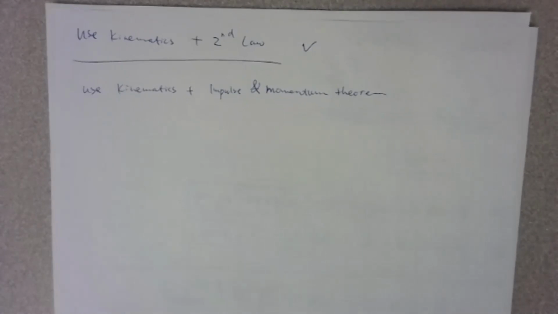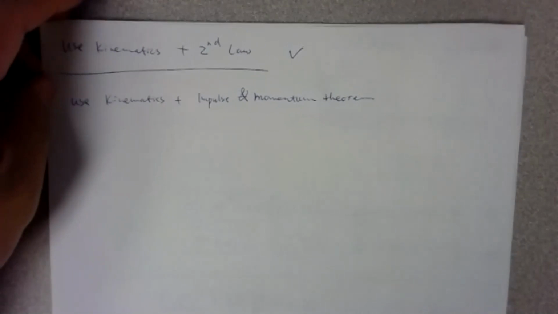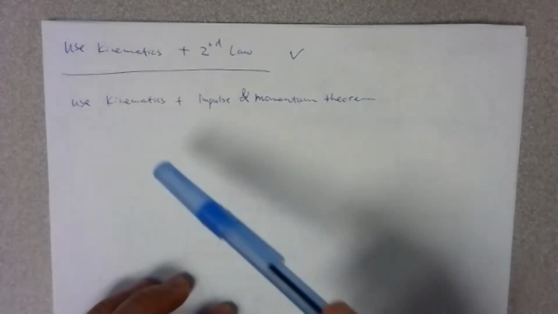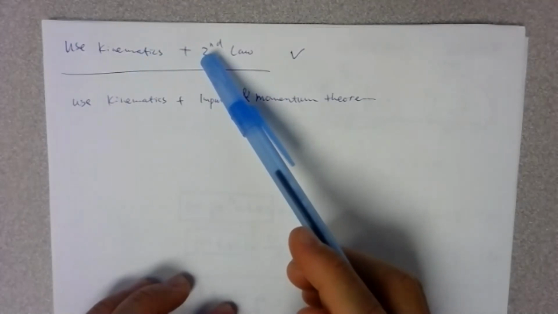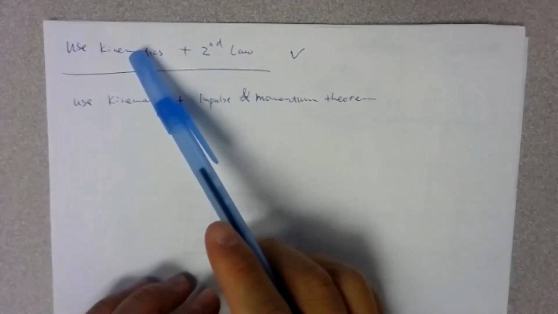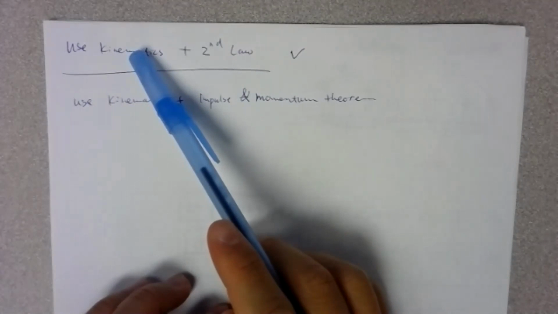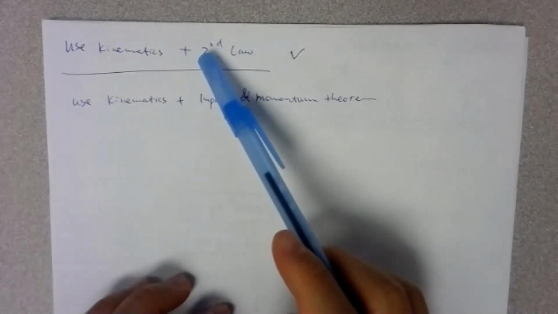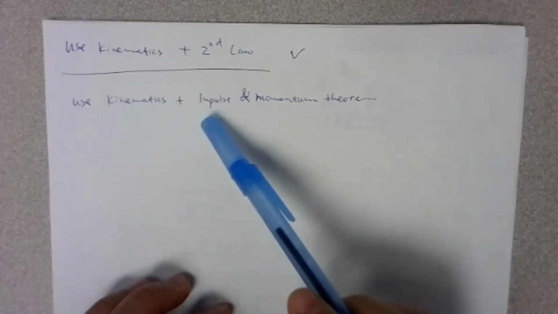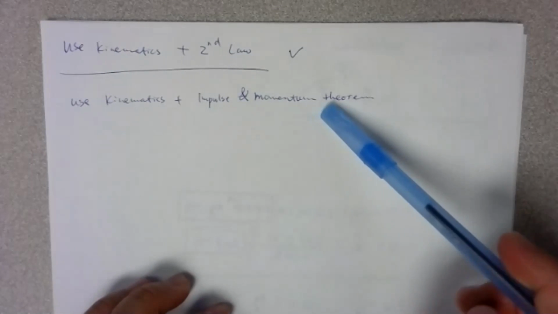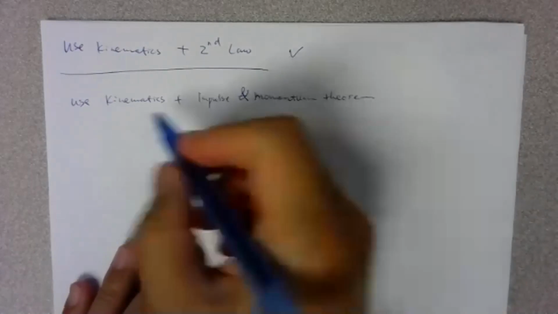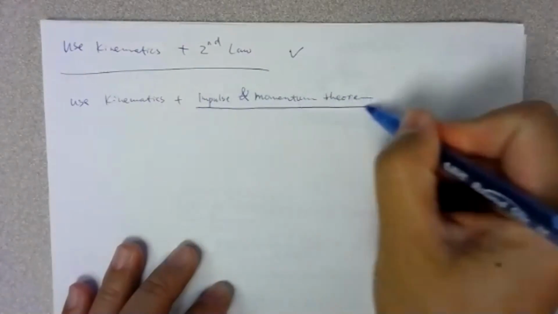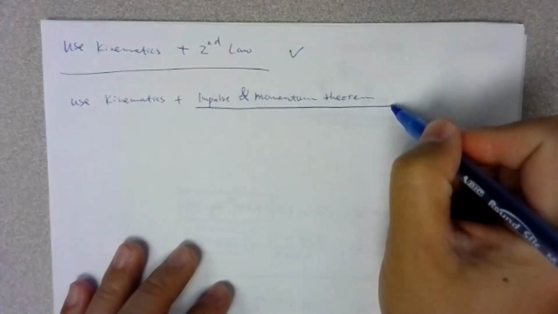All right. So I think you guys know how to do this by using kinematics and the second law. You basically can solve for the acceleration of the ship and then multiply that by the mass to give the average force. But since we learned the impulse and momentum theorem today, we are going to see how you can solve the problem by involving it.